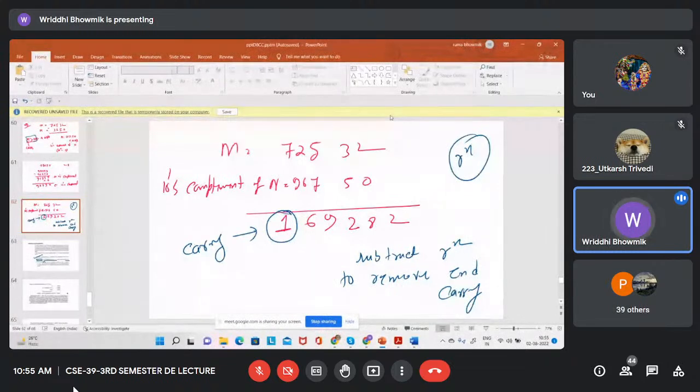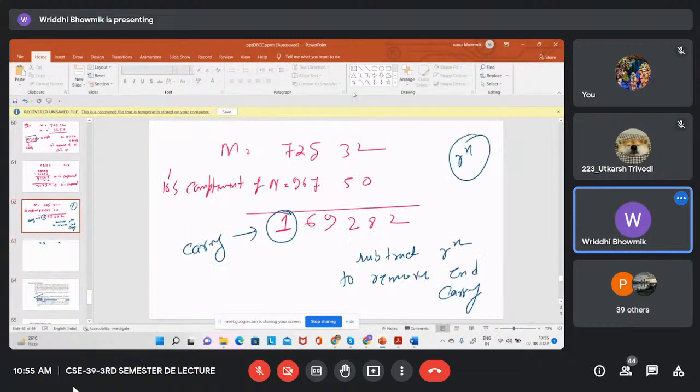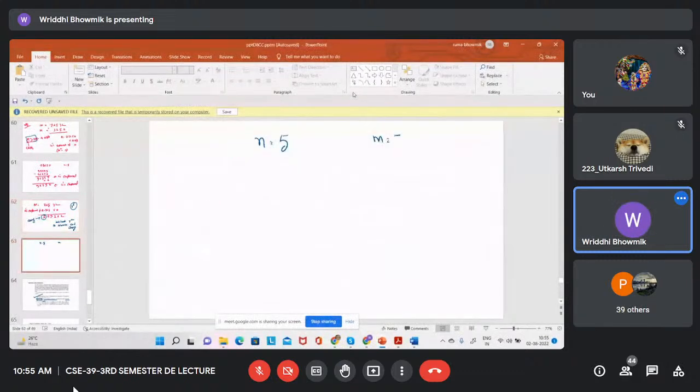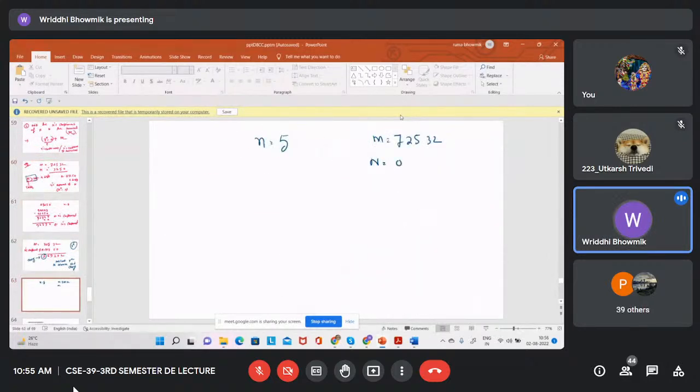So what was the value of small n? The value of small n is actually 5, because your M was 72532, and small n was 03250.